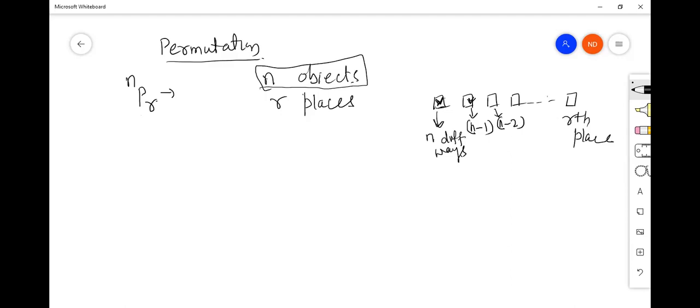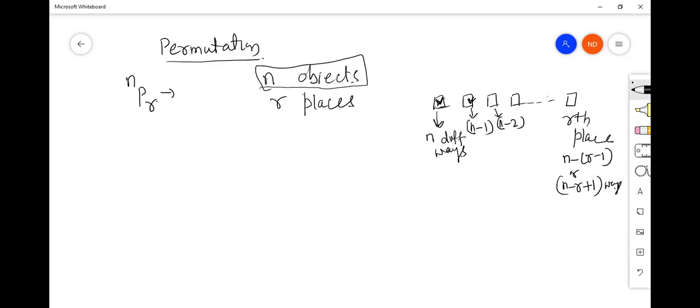If you go like this, for the rth place, see the pattern. First place n different ways, second place n minus 1, third place n minus 2, fourth place n minus 3. The rth place should be n minus (r minus 1), or you can say n minus r plus 1. So these are the ways of filling the rth place.